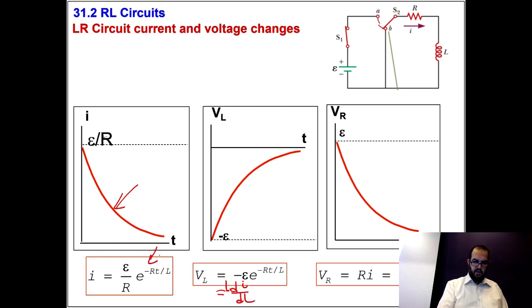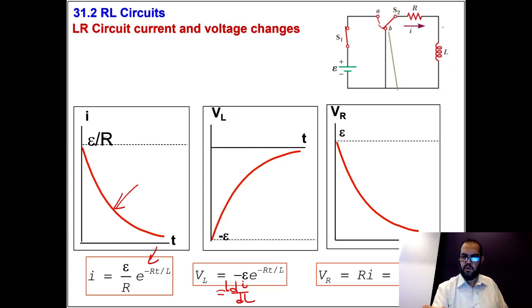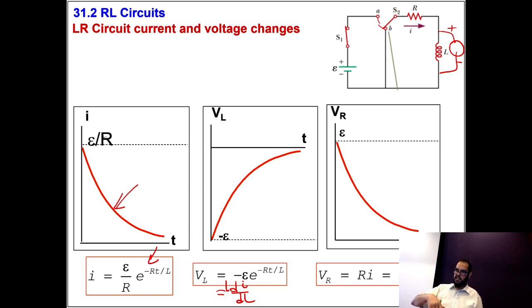If you take the derivative of the current, VL is going to be minus epsilon exponential of minus Rt over L. You can see the voltage starts negative if you're measuring with your voltmeter like this, with the positive side here and the negative side here. So you will be measuring a negative voltage, and it will rise exponentially to 0. It will asymptote to 0 when t goes to infinity, but it will start at a negative value.